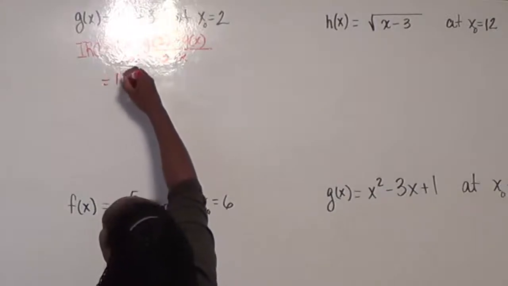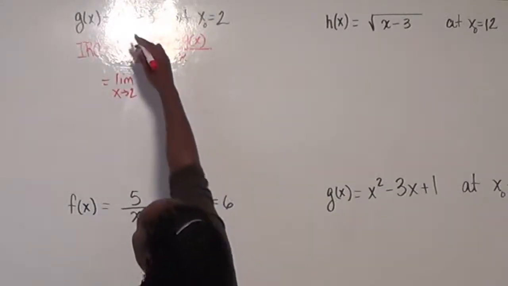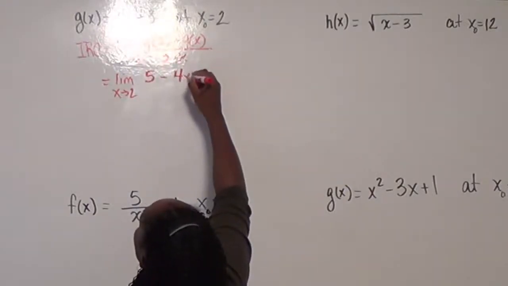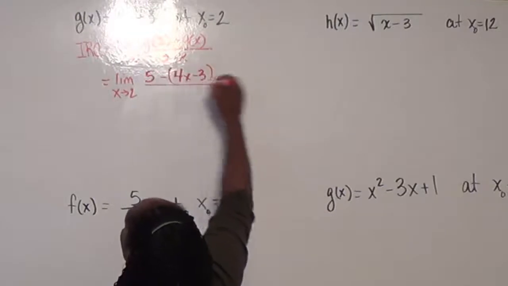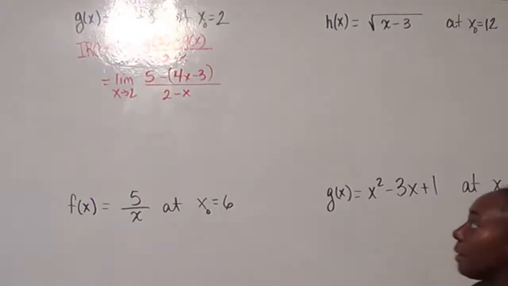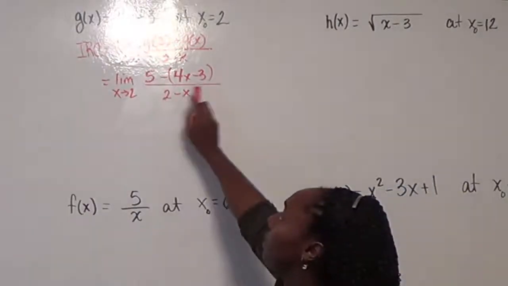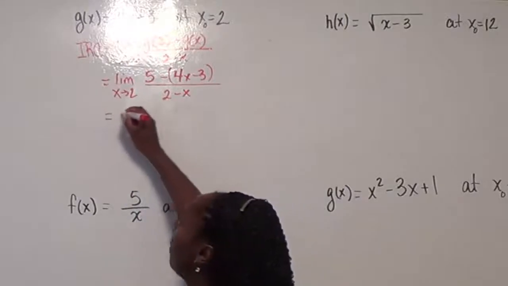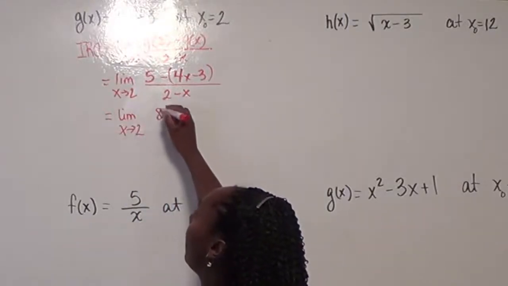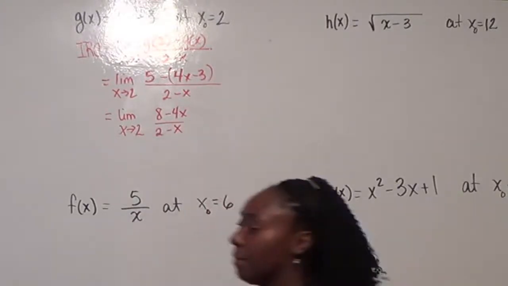This is going to be the limit as x approaches 2 of 8 minus 3, which is 5, minus g of x, which is 4x minus 3, all over 2 minus x. Here we can simplify some things. Notice 5 minus a negative 3 is just 8. So this is the limit as x goes to 2 of 8 minus 4x all over 2 minus x.